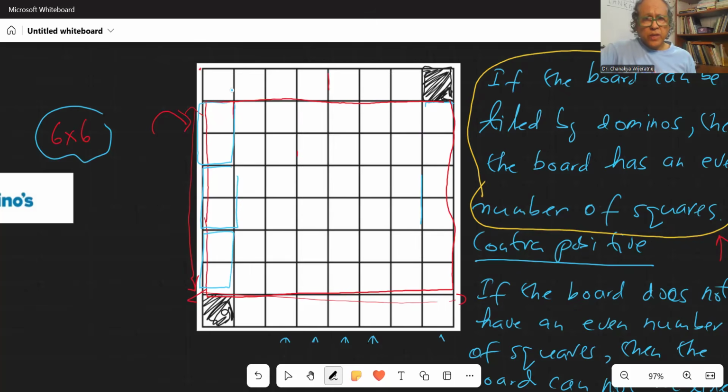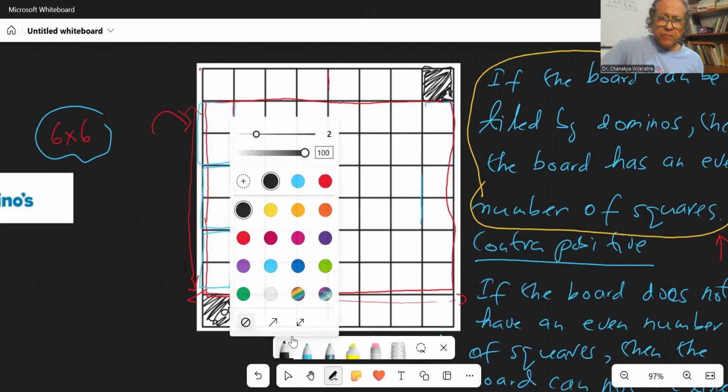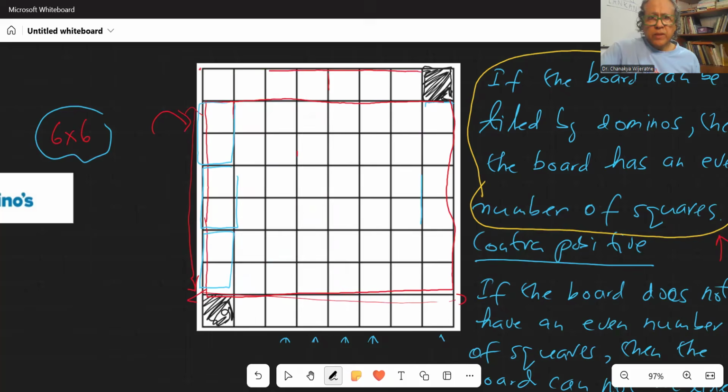It consists of, here we have, so let me use a different color, right? So if you look at here, this has 7 squares, and here, this has 7 squares. And of course, it can't be tiled because 7, it can't be tiled, right? So even though this can be tiled, the remaining board, which has how many squares? 7 plus 7, 14.